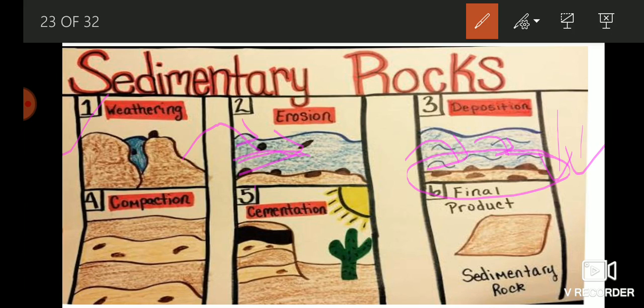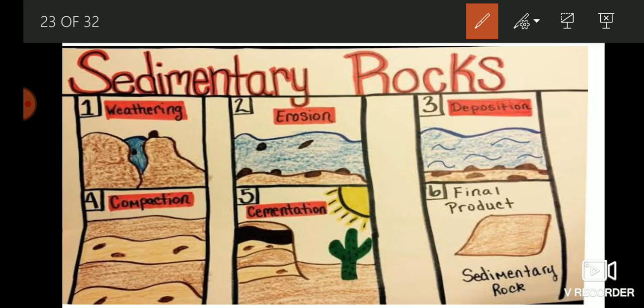In this way, as small rock particles settle down, they form layer upon layer. By the course of time, a huge amount of layers of tiny rock particles are formed.